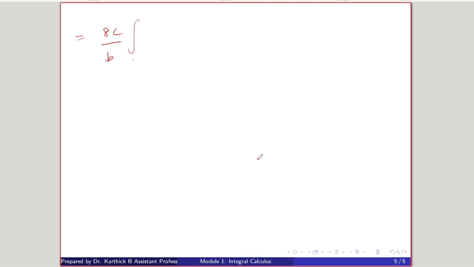The remaining will be 0 to a, then 0 to b times the square root of 1 minus x square by a square, and here I took the value 1 by b square outside, so it becomes 1 by b. The remaining we keep inside: 1 minus x square by a square minus y square.